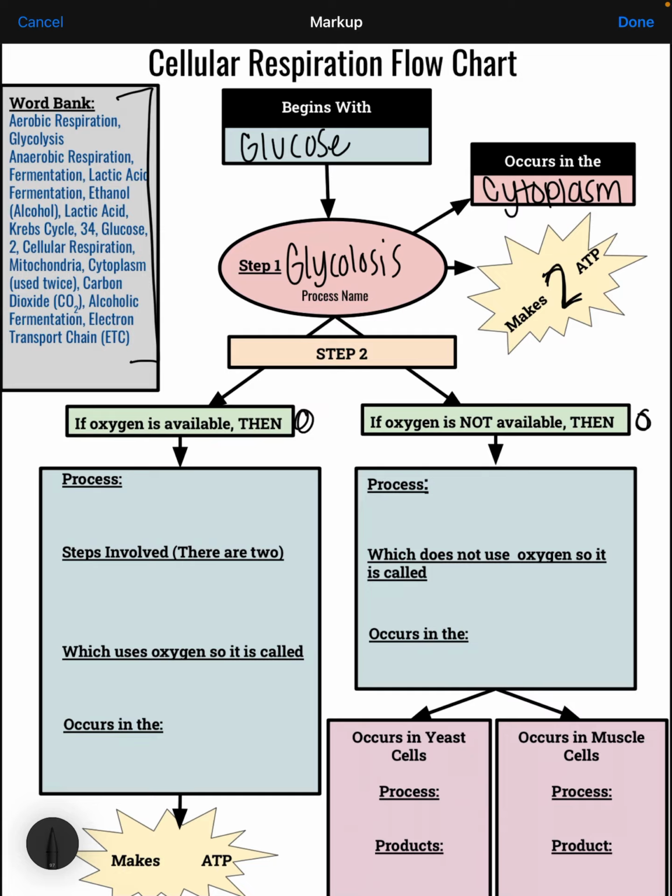Let's go ahead and start with cellular respiration. If there is oxygen, it is known as aerobic respiration. Aerobic means with oxygen, and the process is cellular respiration.